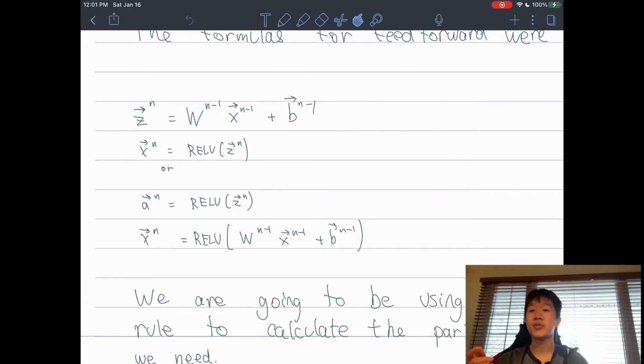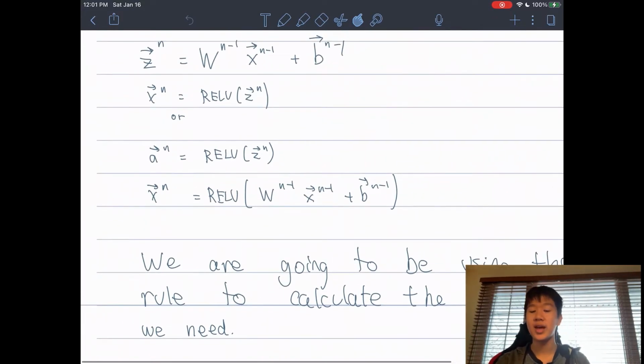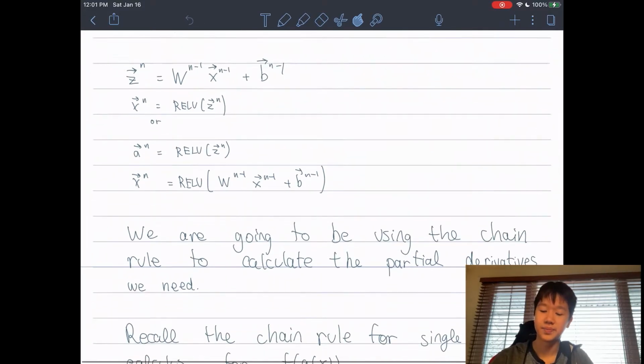And if we put everything together in one big expression, we have that x of n is equal to ReLU of the weight matrix multiplied with the input vector from the previous layer plus the bias.